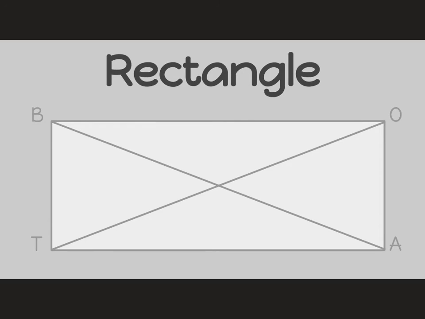In a rectangle, opposite sides are parallel. They're also congruent. Rectangles have four 90-degree angles. And they have congruent diagonals that bisect each other.